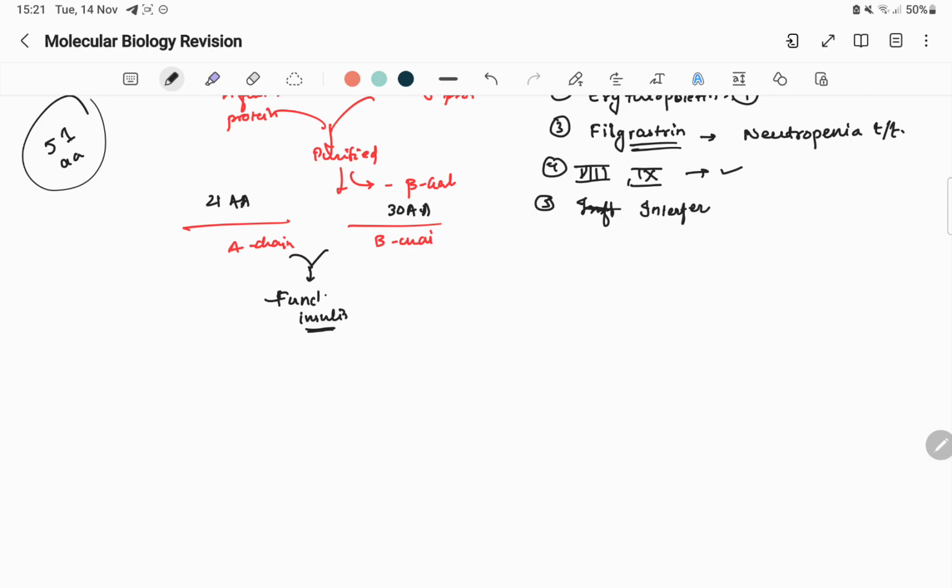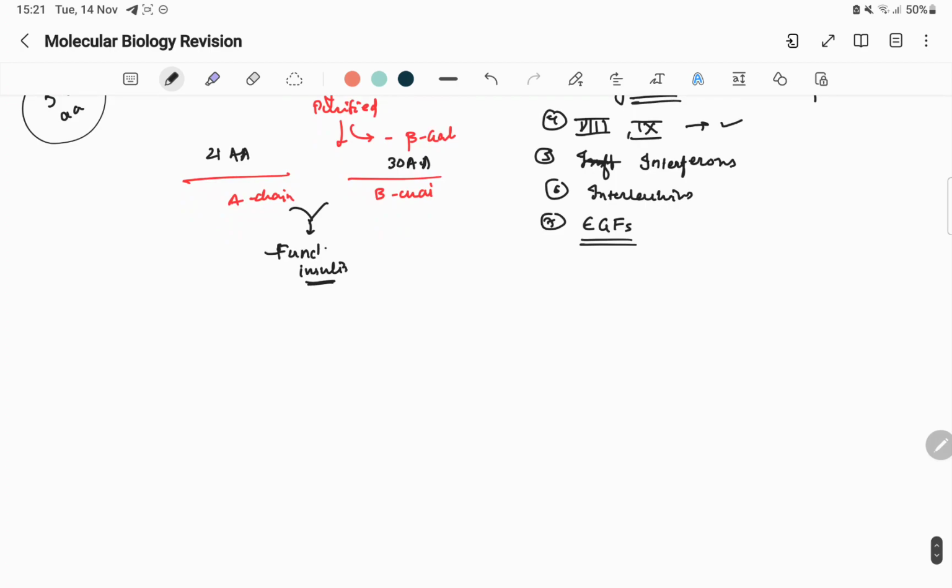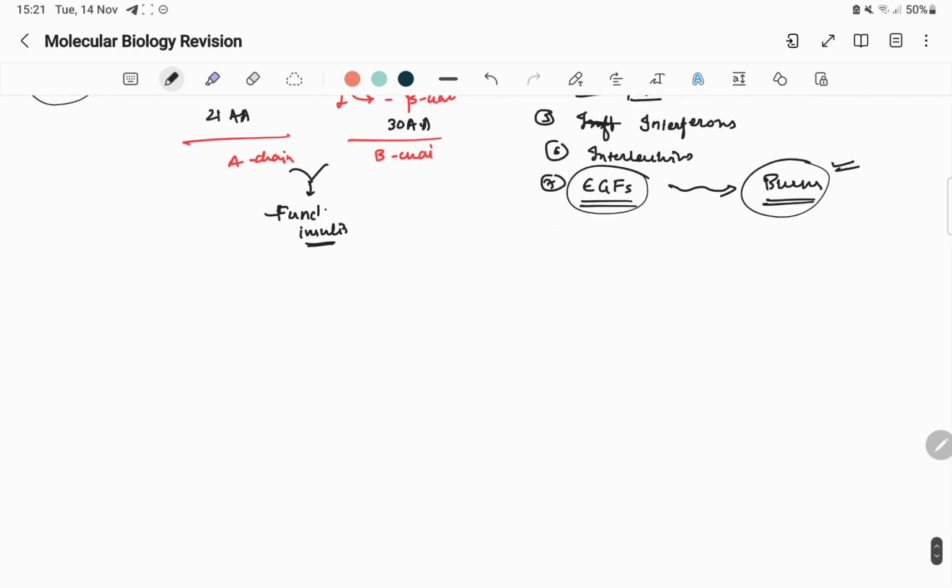Interferons, your interleukins. Then your epidermal growth factors, which are used in the treatment of burns. If you suffer from severe burns, then epidermal growth factors are used for your treatment.